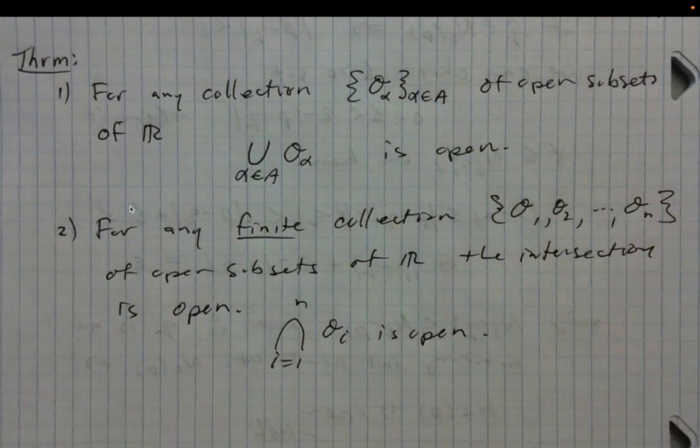Now it's important that you notice that when we're talking about the intersection of open sets, the collection has to be finite. When we're talking about the union of open sets, the collection could be finite or infinite.